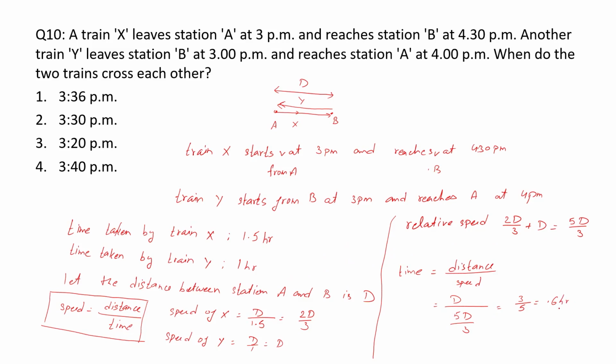3 upon 5 is 0.6 hour. 0.6 hour is 0.6 into 60 minutes, isn't it? Because 1 hour is 60 minutes. So that is 36 minutes. So they will cross each other after, sorry, 36 minutes.